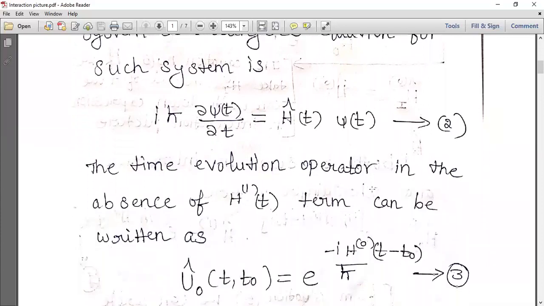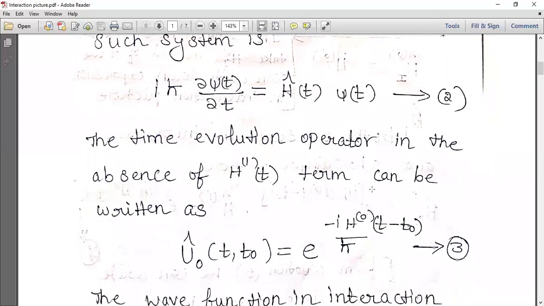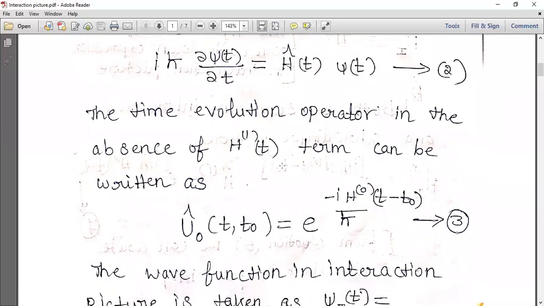Now, the time evolution operator in the absence of the time dependent part H1 of t is U cap t to t naught equal to e to the power of minus i H naught t to t naught by h cross.